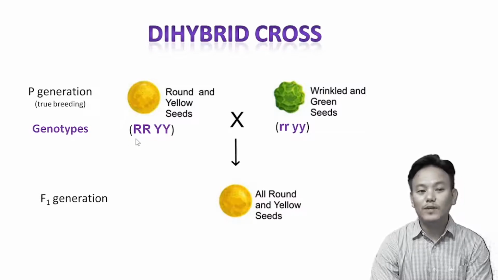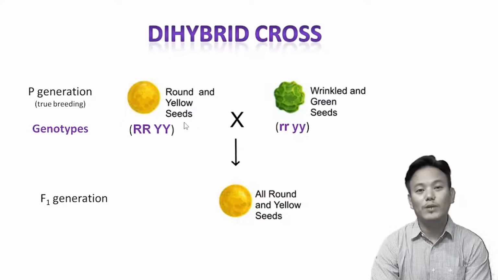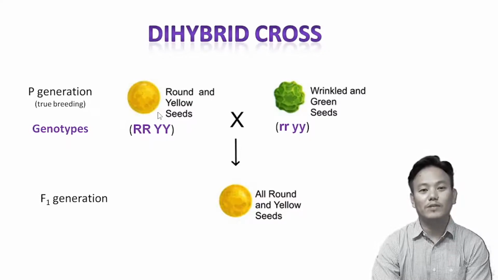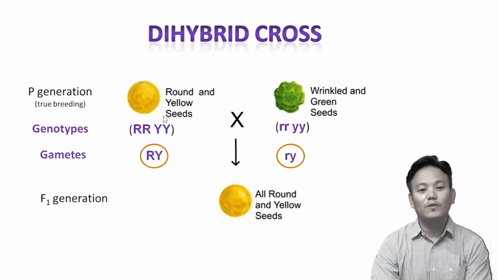Now this is very important. What kind of gametes will these two parents produce? Since they both are homozygous for both the traits, these two parents will produce only one type of gamete each. Look over here.